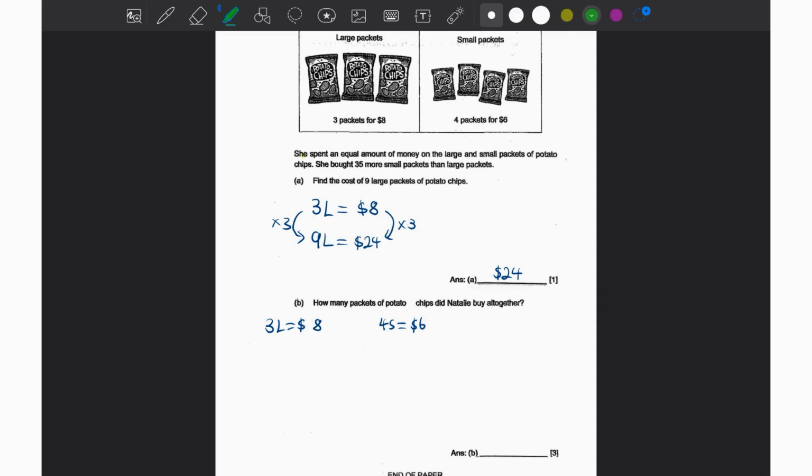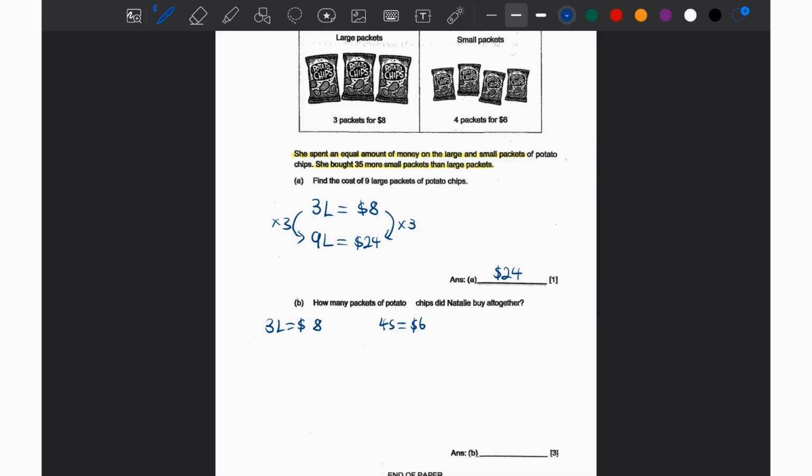So the question tells us that she spent an equal amount on large and small packets. And we also know that she bought 35 more small packets than large packets. So this 35 represents the difference between the number of small and large. So small is more than the large by 35.